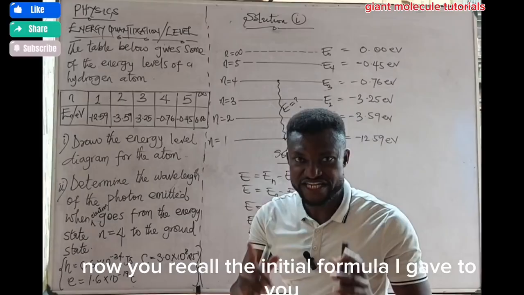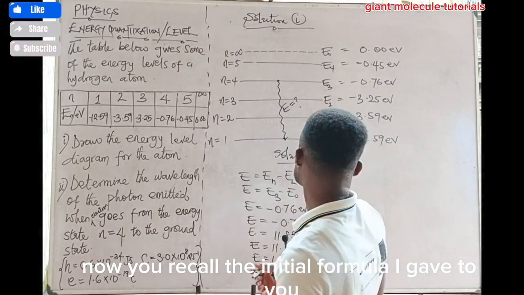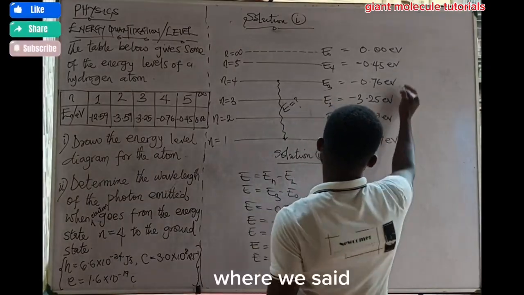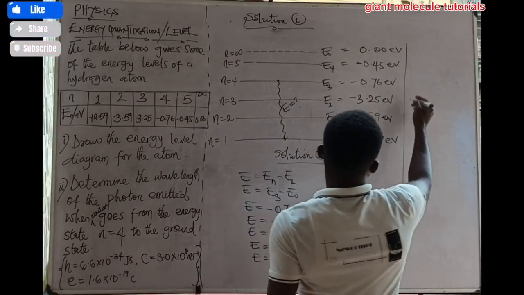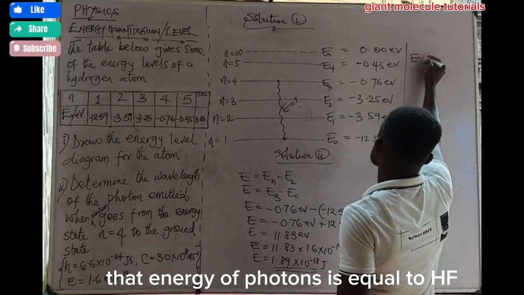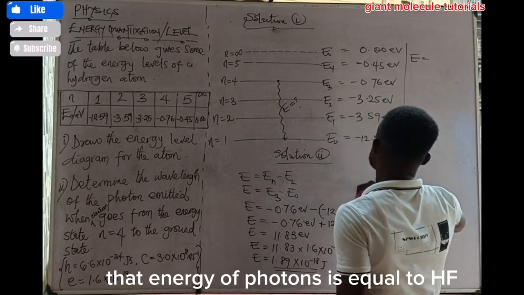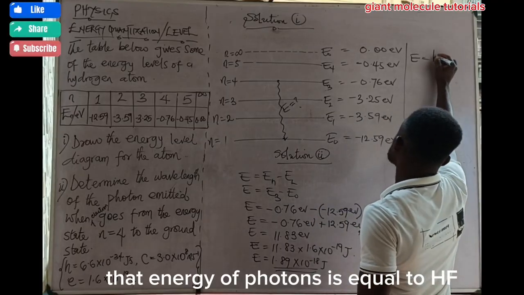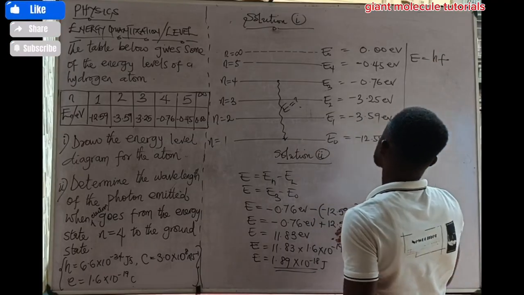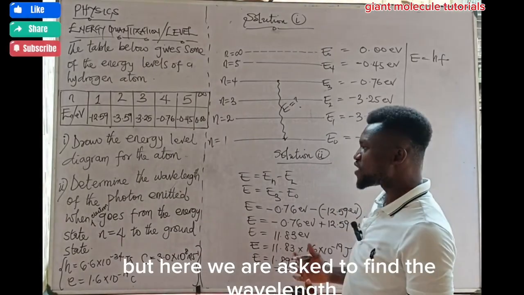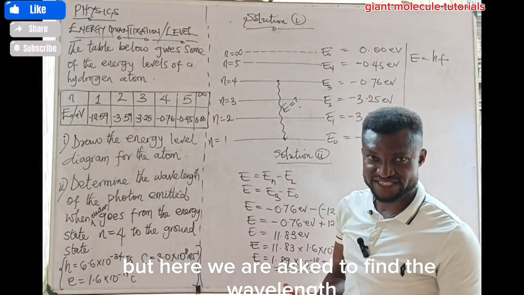Now you recall the initial formula I gave you, where we said that the energy of photons is equal to hf. But here we are asked to find the wavelength.